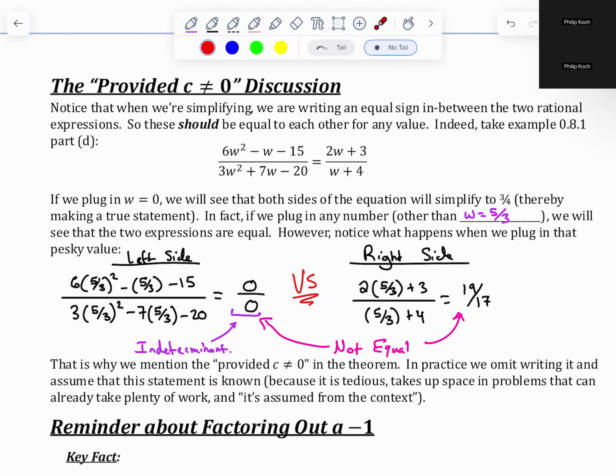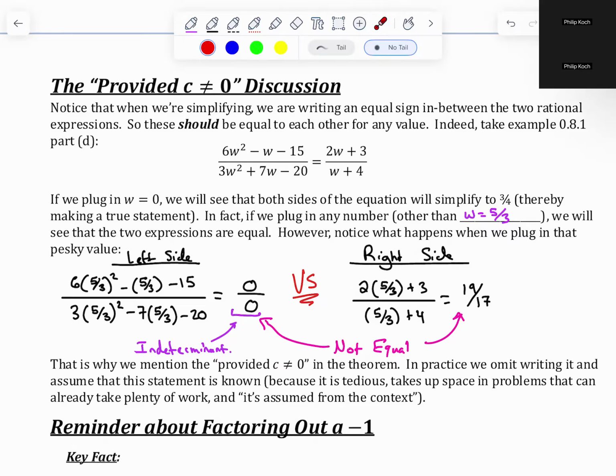So what we're getting at here is the concept of a limit, which is something you'll study in the first unit of calculus. So what you will eventually say is that the limit of this expression as it approaches 5/3 will equal 19/7. That's what the limit will be, but that's something we will get to later on.